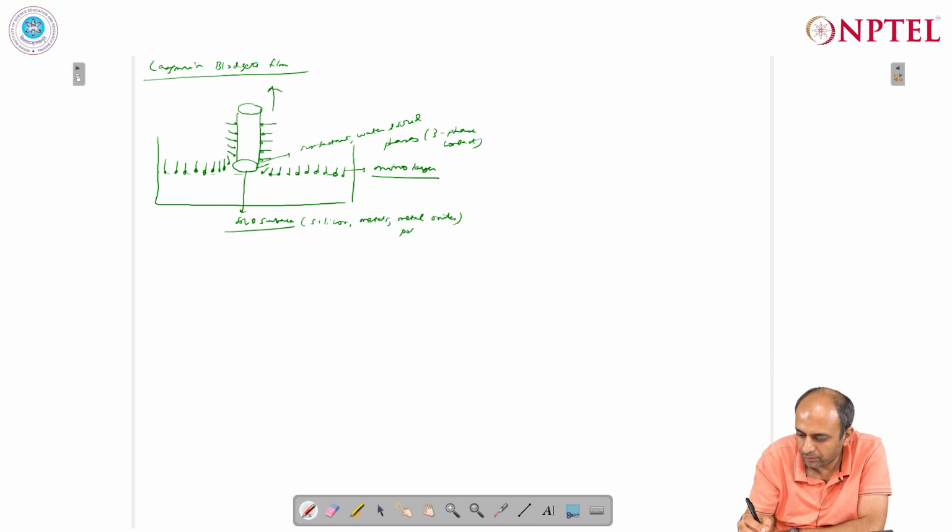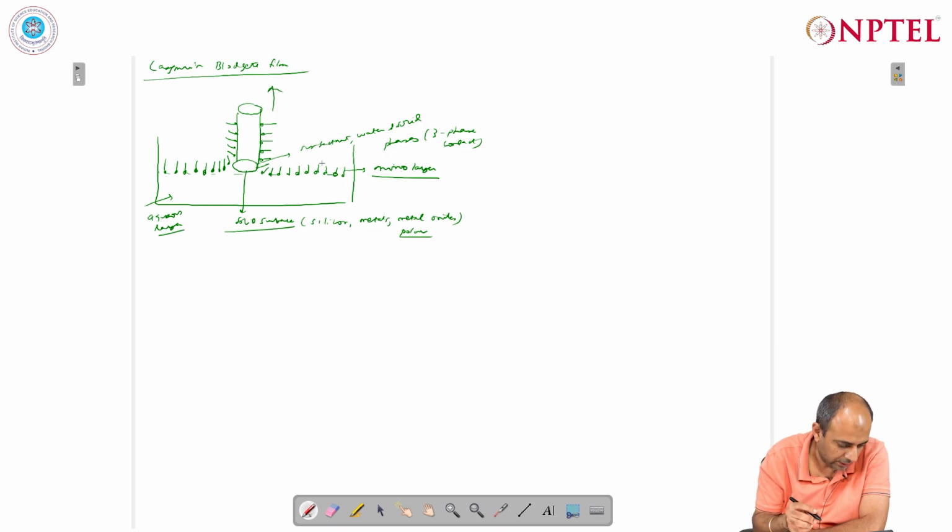So, they are polar, they have electropositive character, and therefore, they can interact with the polar regions of the amphiphiles or the surfactant molecules. And this is the aqueous layer, which has been confined to this particular trough.